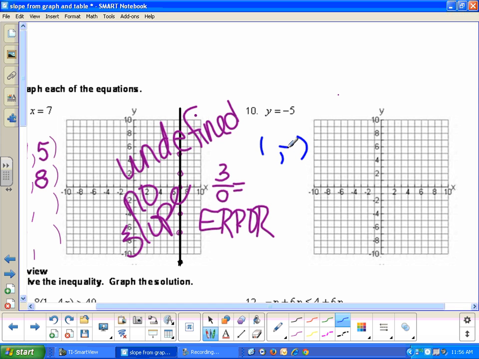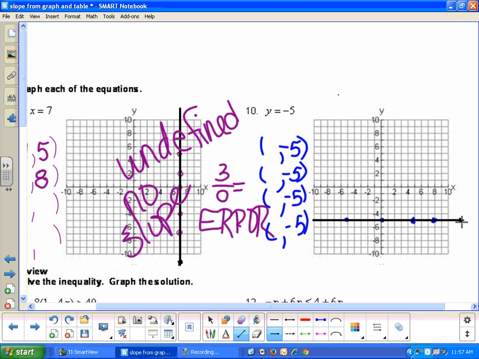So, on the other hand, for number 10, we have y equals negative 5. It means that all of our y values are negative 5. And we saw these earlier. So here, I have this line, you have a horizontal line, and where does it cross the y-axis? -5.